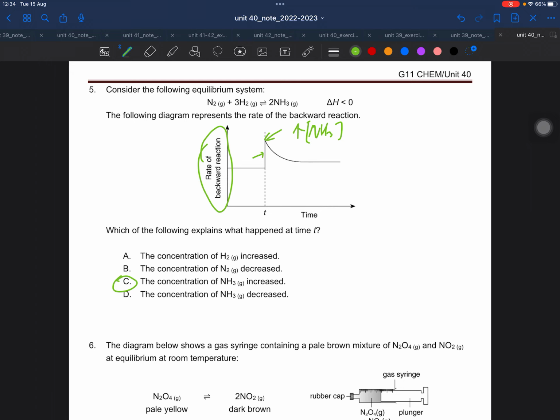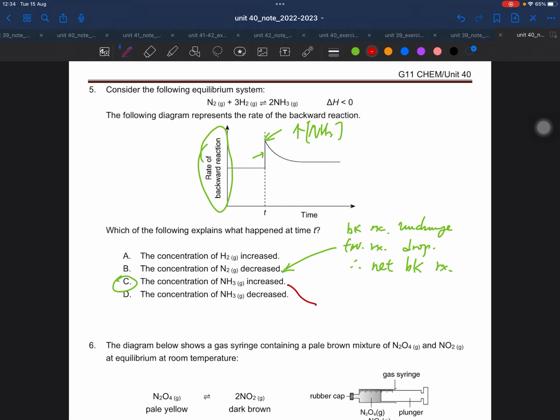So yes, some of you may wonder, what if we remove N2? Yes, if you remove N2, there will also be a net backward reaction. But the difference is, now this one I should highlight. This one is the backward reaction unchanged, but the forward reaction drops. So net backward reaction.